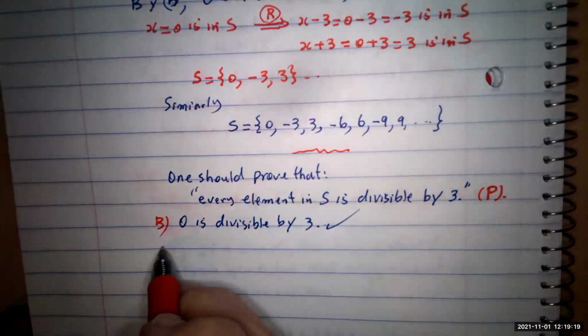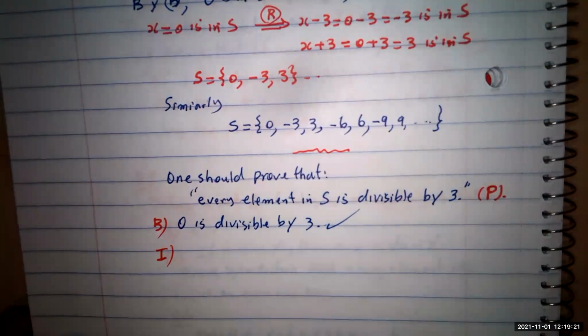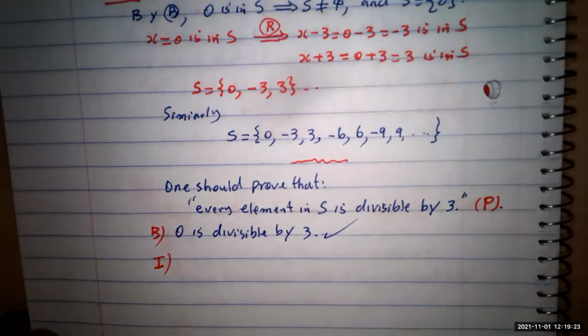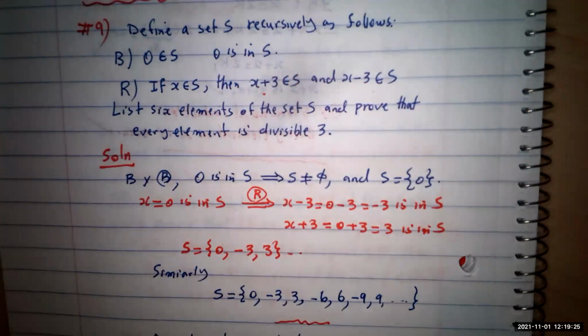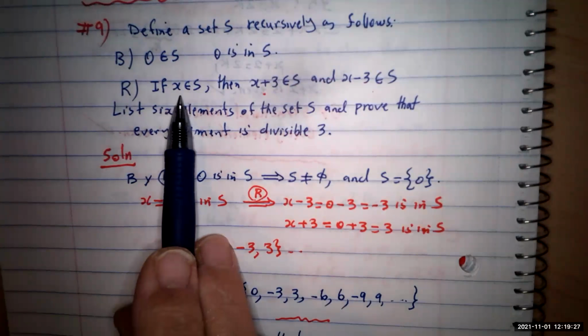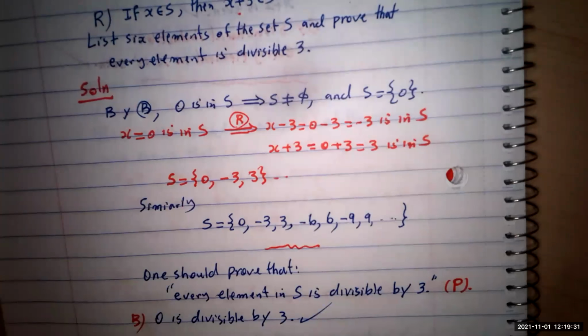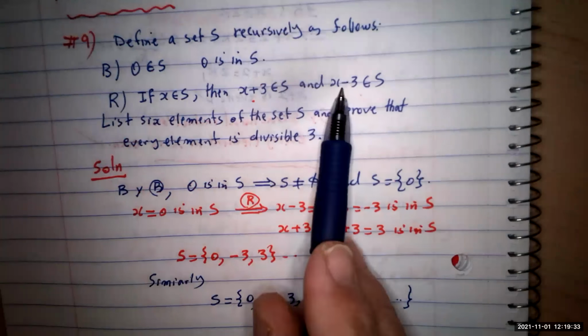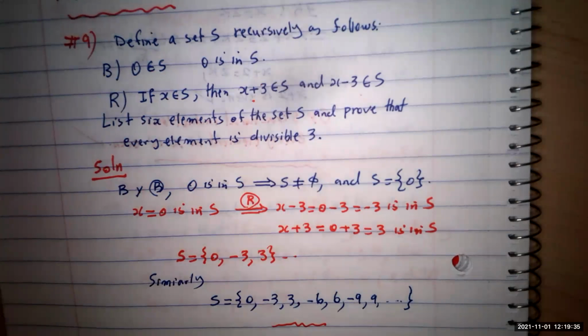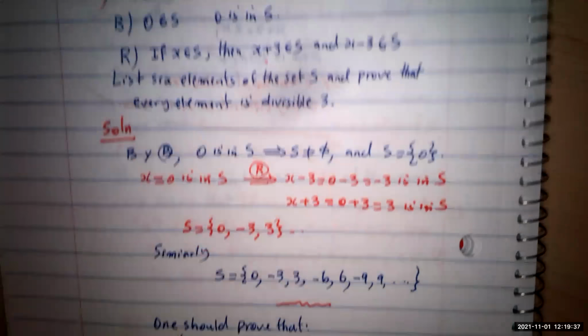Inductive part, you are going to pick one parent with the property P, and you show that their children would have the same property. One parent with the property.